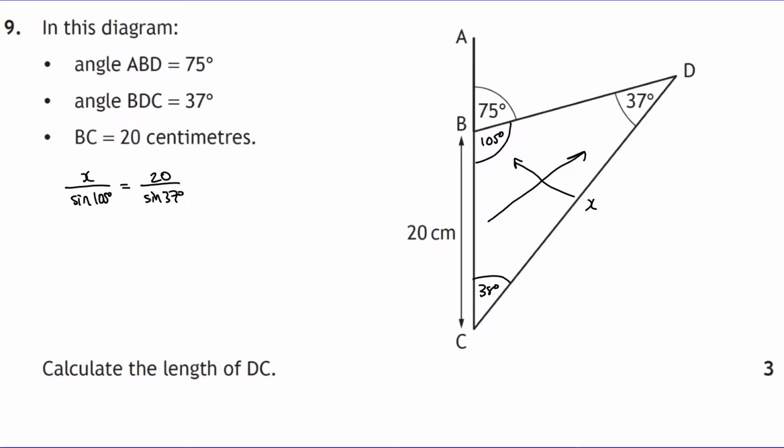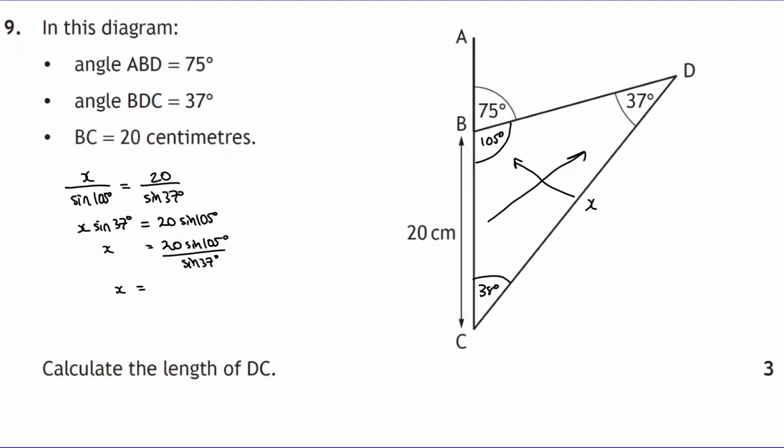And then we're just going to go through the process of solving that. So I would always cross multiply at this stage, so we're not dealing with fractions. Of course, there are different ways of doing this. Then divide by sine 37 to get our x term on its own. And then just type that into the calculator.